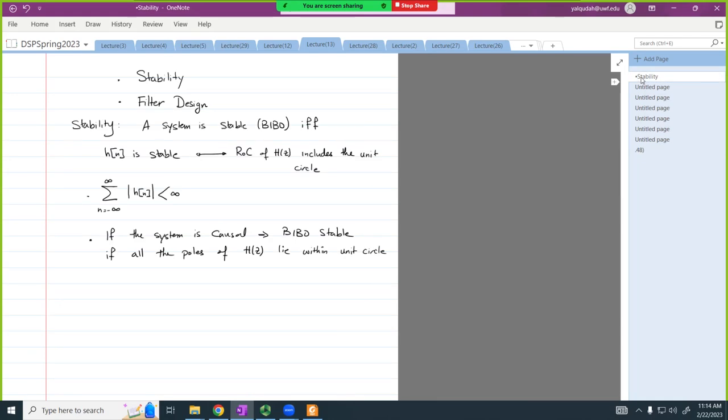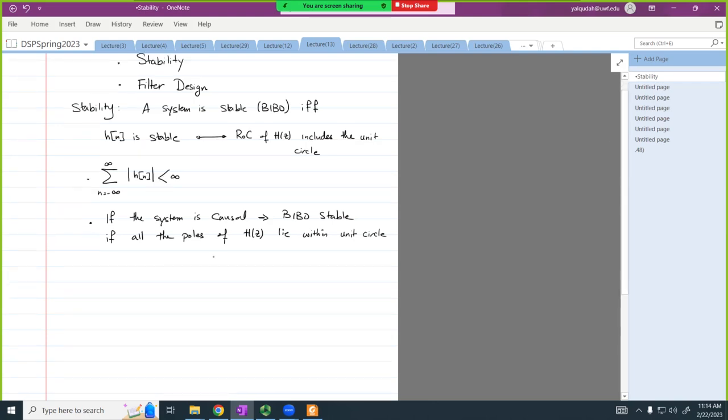So therefore, we want to look at a tool that will help us determine the stability. How can we test H of z equal to B of z divided by A of z for stability?